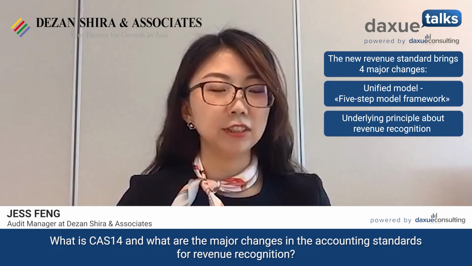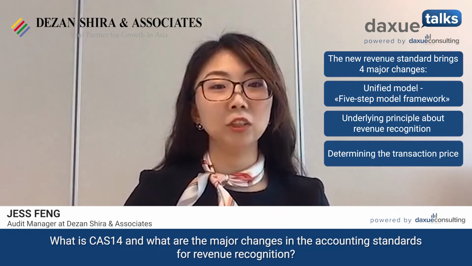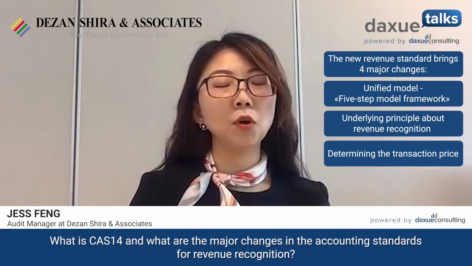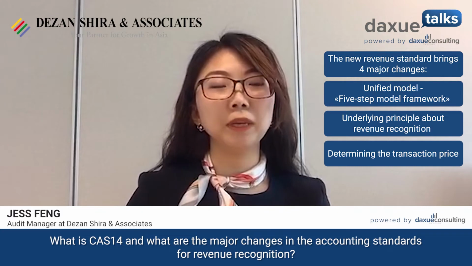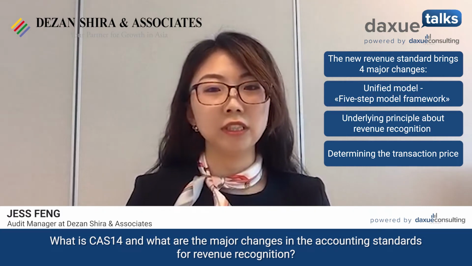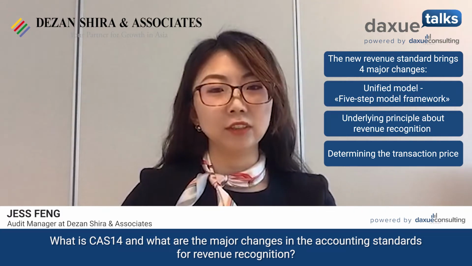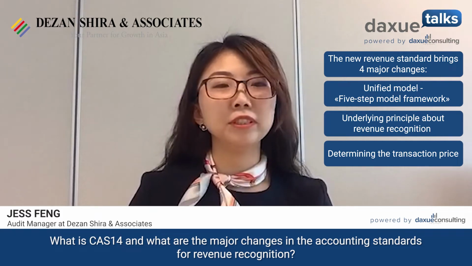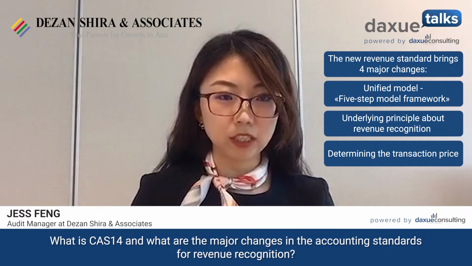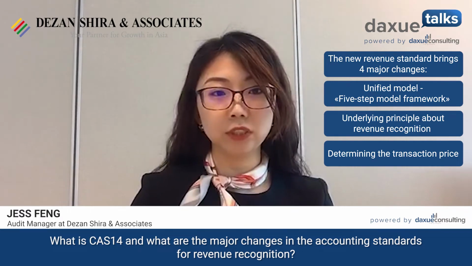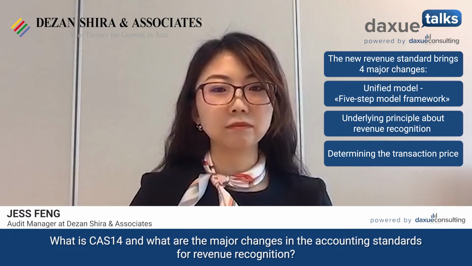Another change is about determining the transaction price. So the old revenue standards states that the transaction price should be the fair value of the consideration as stipulated in the contract. So, for example, if you signed a $1 million contract, then the transaction price will be $1 million, which is the consideration of the contract.